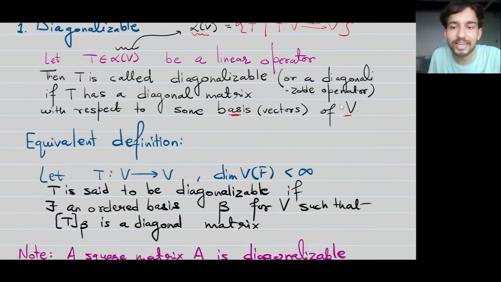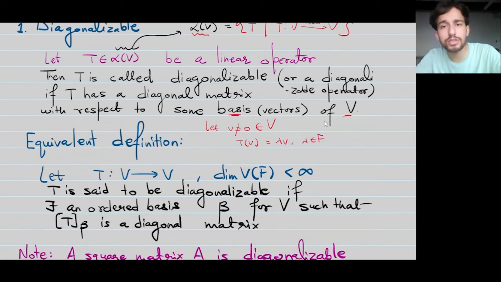What do we mean by an eigenvector? Let me first quickly discuss. Let v, non-zero, be an element of the vector space. Then I say v is an eigenvector of the linear operator if this holds: if I apply T to v, it is nothing but a scalar multiple of v, where this lambda comes from the field F, that is, lambda is a scalar.